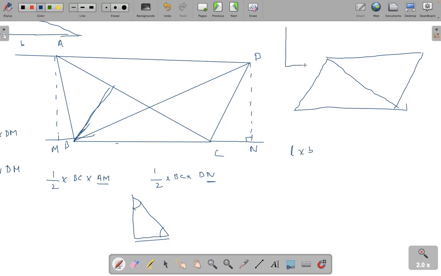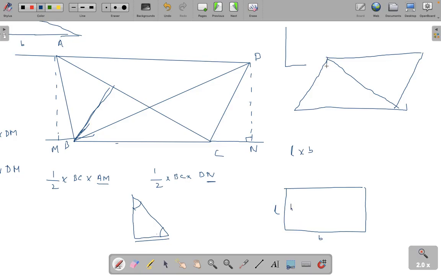So the area of a rectangle is length into breadth, where length is the perpendicular distance, so basically the height.